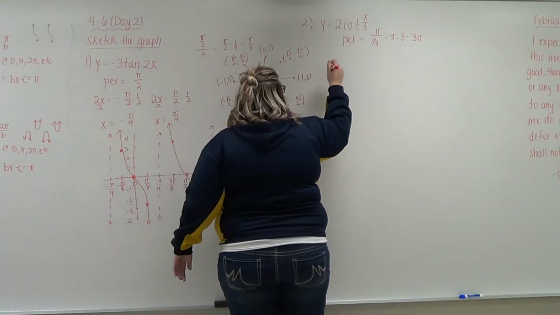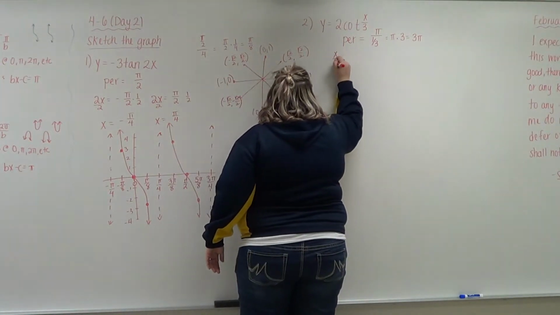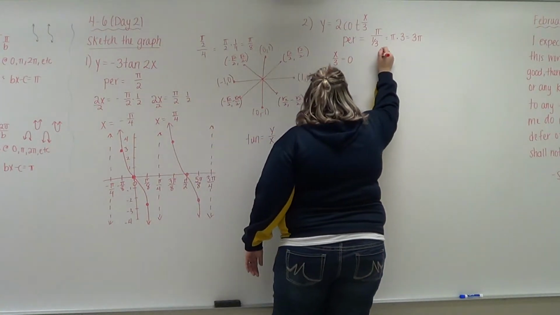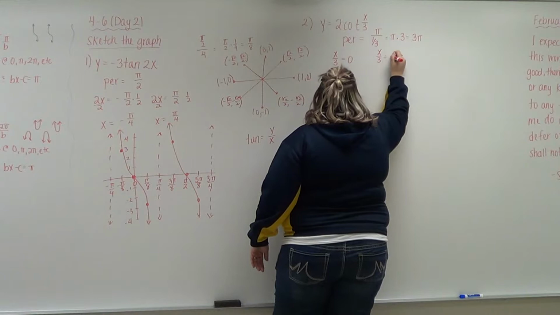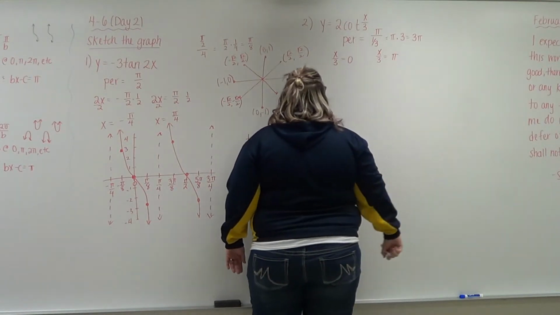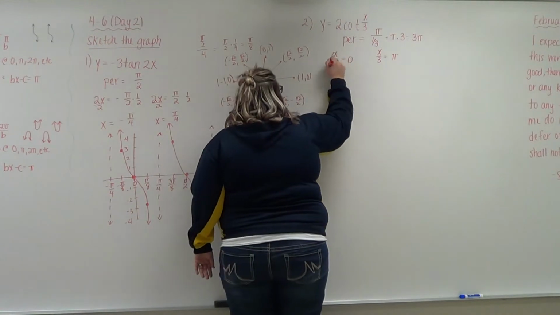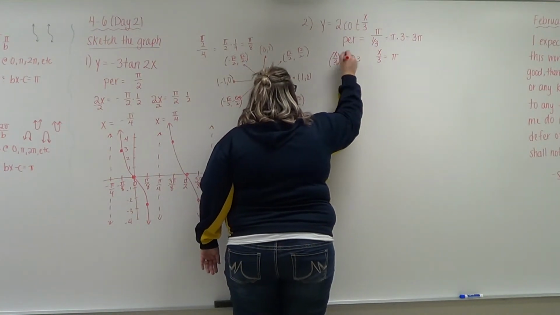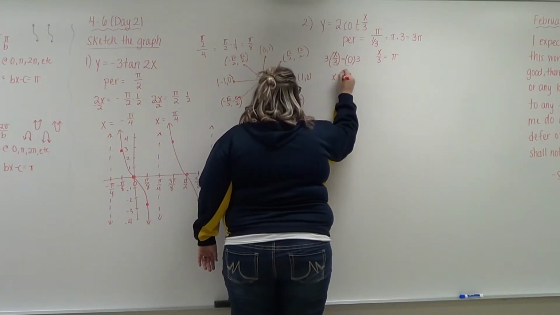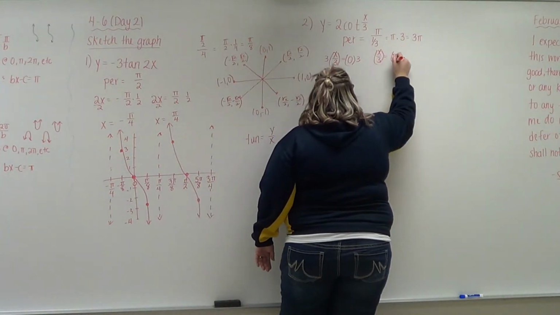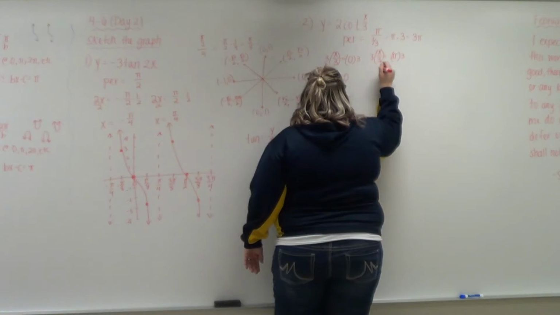So to find your asymptotes, set the x part equal to 0, and then the x part equal to pi. So to solve this, I'd multiply both sides by 3. So 0 times 3 is 0. Multiply by 3, 3 pi.